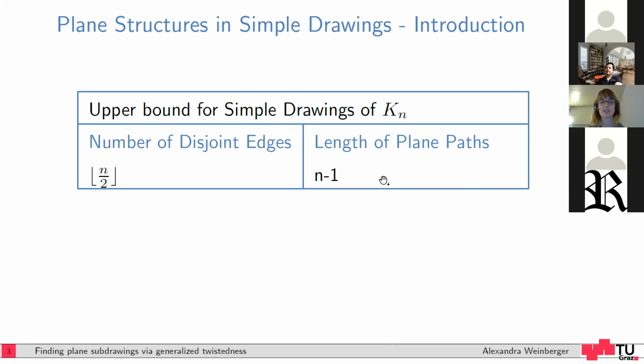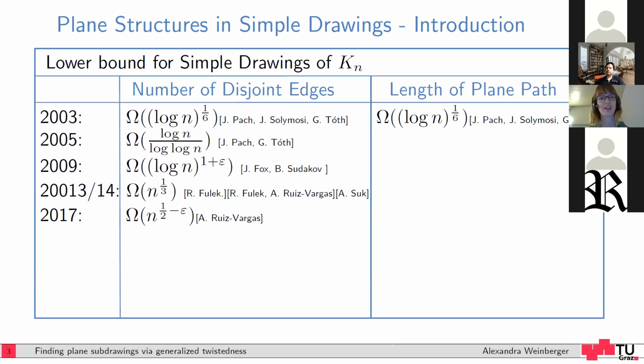As I just showed you, this upper bound is conjectured to be actually the precise value. But the lower bound we know is not yet there. So despite several iterations, we still have a gap between the lower bound and the upper bound for the number of disjoint edges and for the length of the longest plane path.